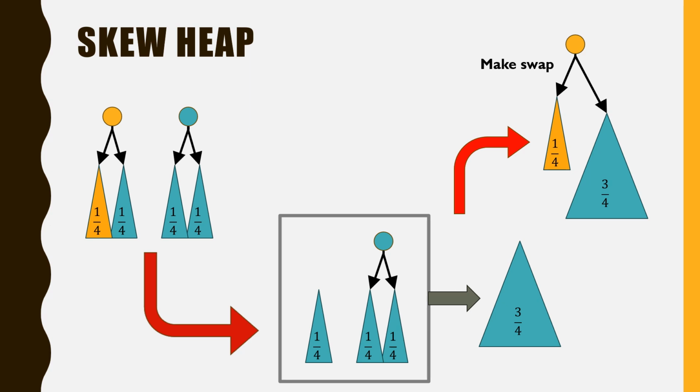Since the right subtree grows larger, we will likely need to swap subtrees, ensuring the larger tree is placed on the left. This implicitly restores the Leftist heap property, even though Skew heaps do not explicitly check MPL values.